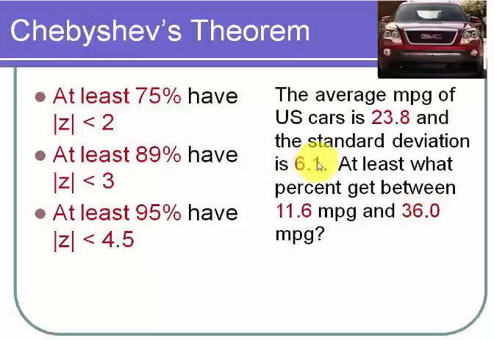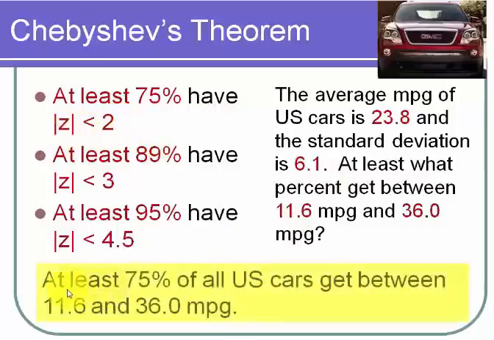So that tells us that we're within 2 standard deviations of the mean. And Chebyshev's theorem tells us that at least 75% of all U.S. cars get between 11.6 and 36.0 miles per gallon, because 11.6 and 36.0 is the low side and the high side of 2 standard deviations from the mean.